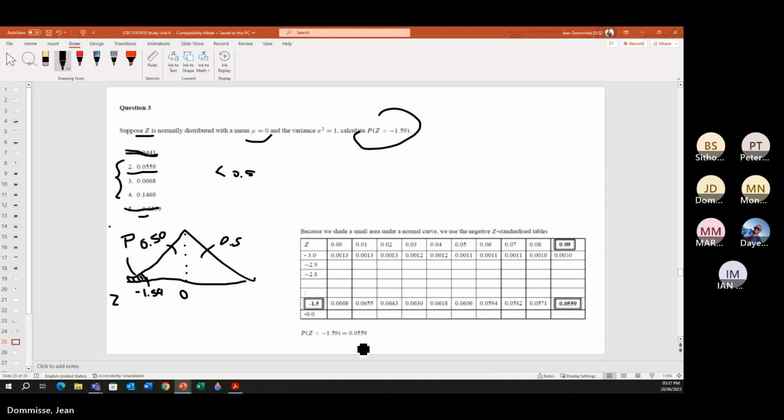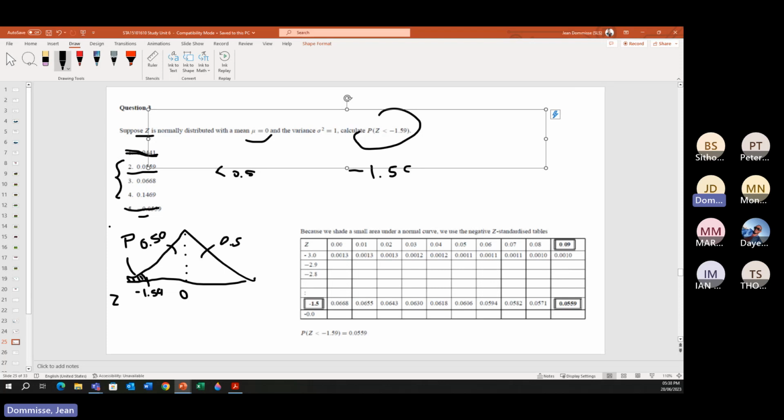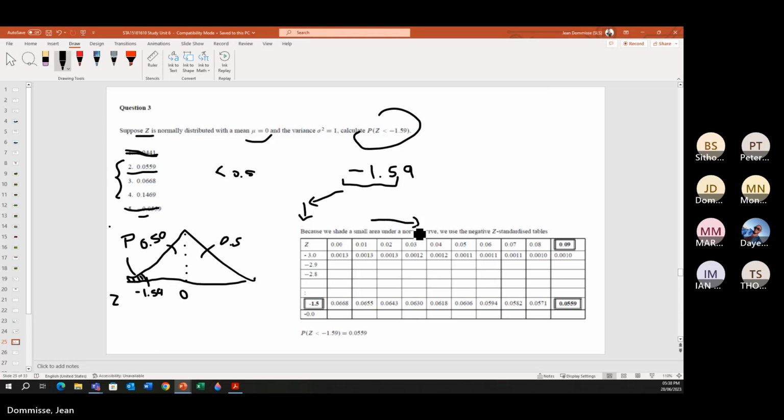0.0559. Okay, so here is just also for you guys a smaller version of the Z table. So again, you could see, and let me explain it also this way. The numbers going down is this first two. The numbers going across is this one.